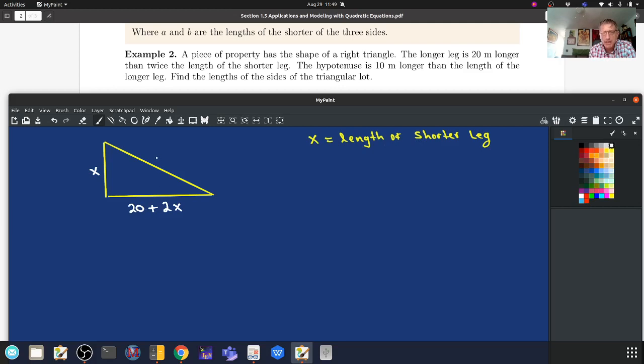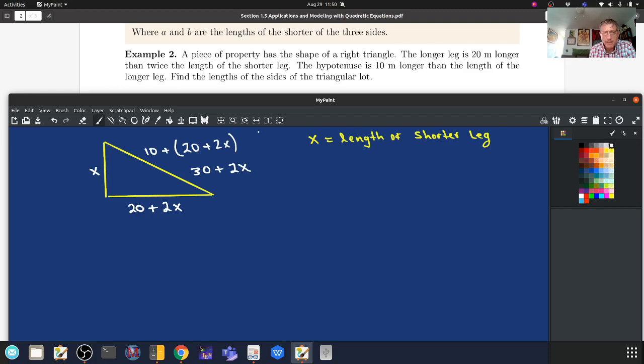The hypotenuse is 10 meters longer than the length of the longer leg, so the hypotenuse is 10 meters longer than this leg. So it's 30 plus 2x.